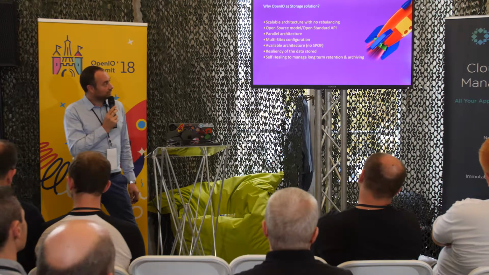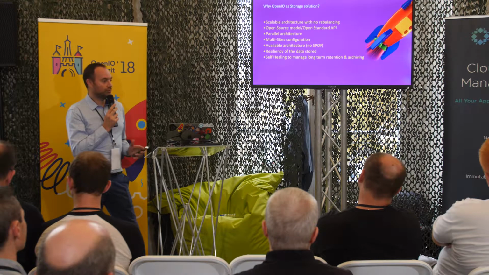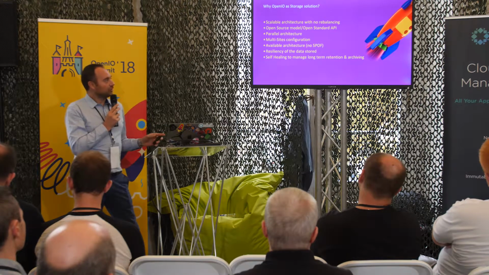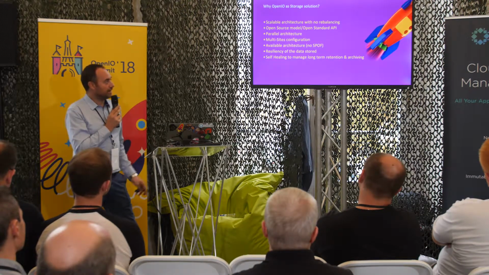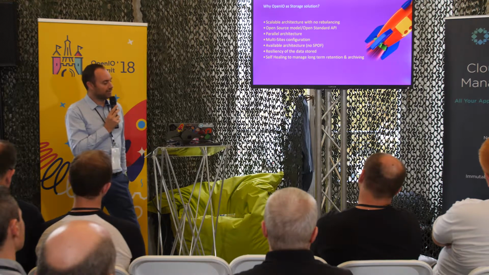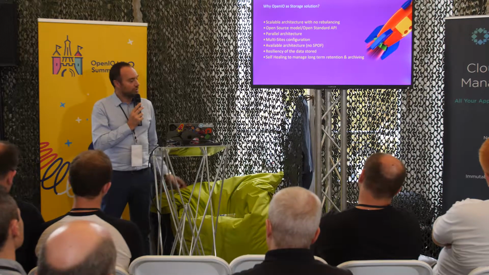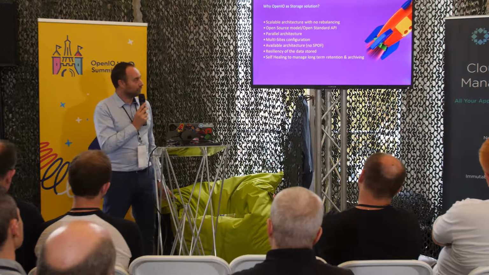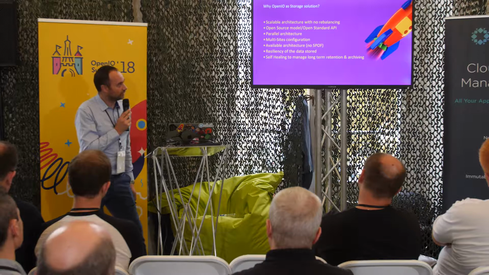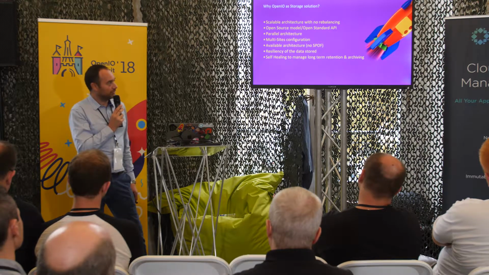And last, when you preserve your data for long-term retention, it's always hard to know if your data is still good, not corrupted by anything. So we provide a self-healing process to manage long-term retention, to be sure your data is still good, with no corruption of the data stored on our solution.